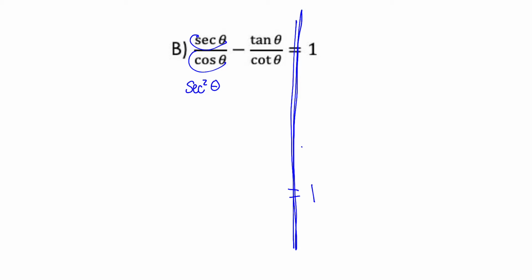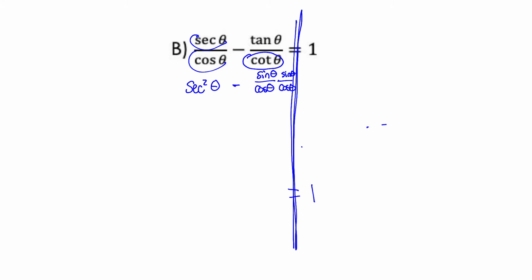Well, I know tangent theta is the same thing as saying sine over cosine. Remember, if all else fails, just try to change everything to sine and cosine, right? Now, cotangent is the same thing as saying cosine over sine, but this is in the denominator, so cosine stays in the bottom and sine now is in the top.